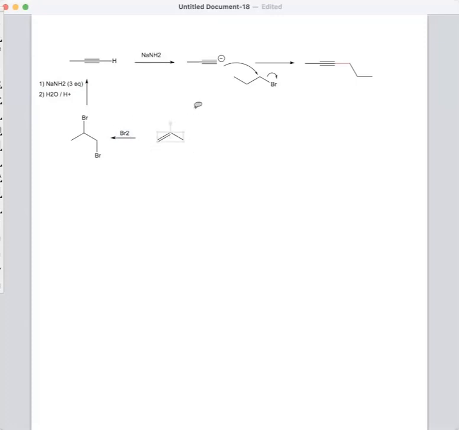How can we make an alkene? A single E2 reaction using a strong base, for example sodium amide, could be an example of that, and the organic substrate that we need for that is a bromoalkane.